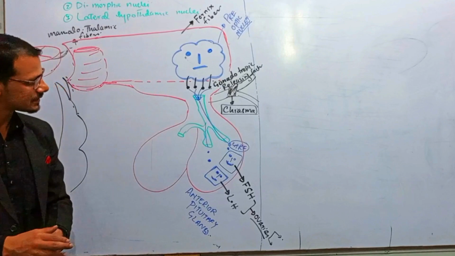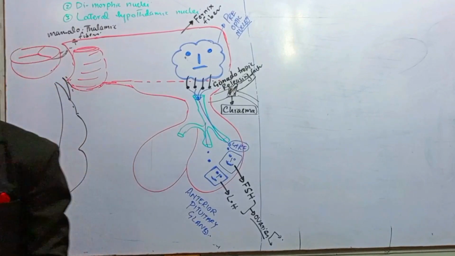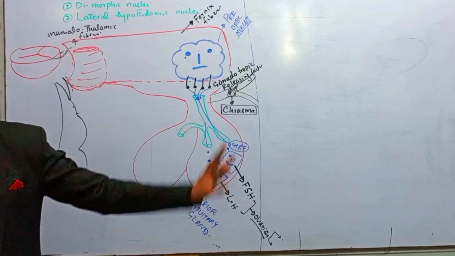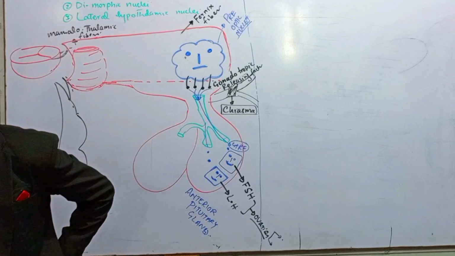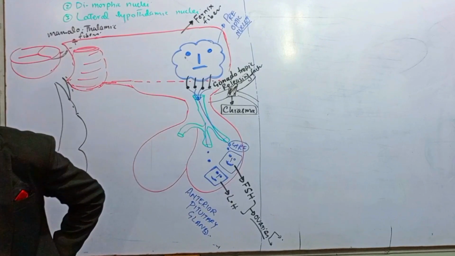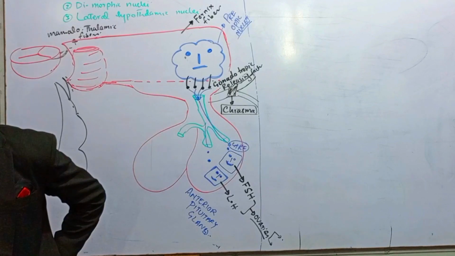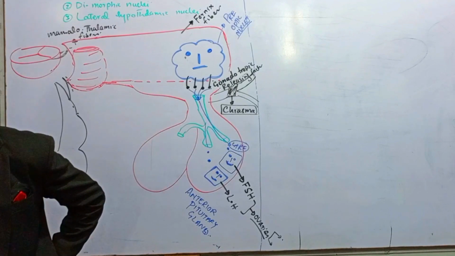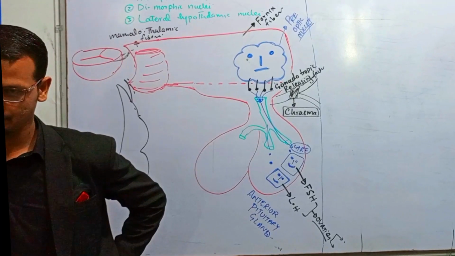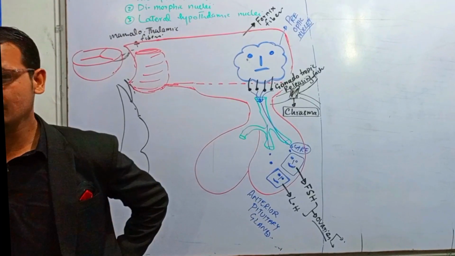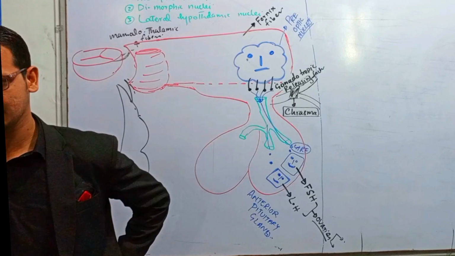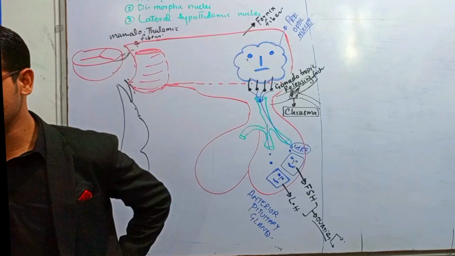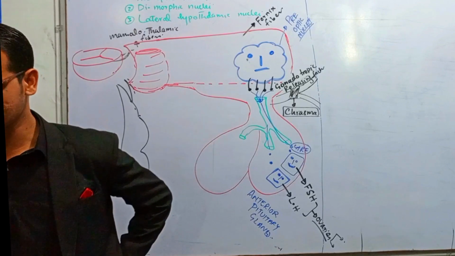What happens in males? Anyone? Are FSH and LH absent in males? No, sir. Why? This is very recent research, that FSH and LH are also released in males, but they affect the testes, not ovaries, because males have no ovaries, right?